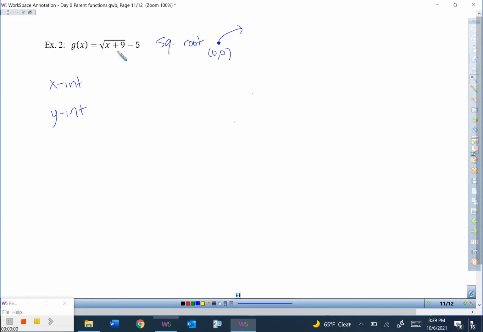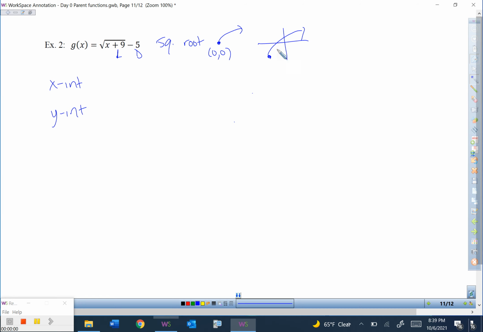So thinking about this, we've got a plus 9, so we're going left again, and we've got a minus 5, we're going down. So from 0, 0, let's go ahead and do ourselves this favor so we can work with those ones as well. From here, we're going left 9, down 5. We'd have something like this, and up and to the right. So most likely we'll have one x-intercept and one y-intercept.